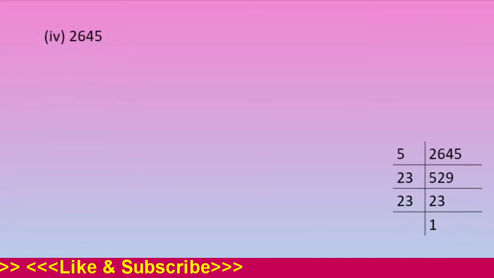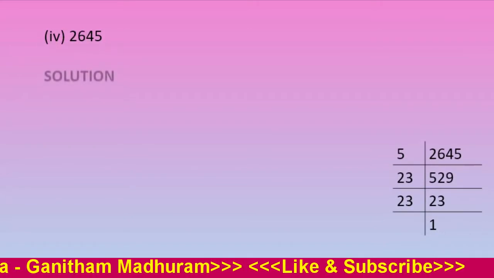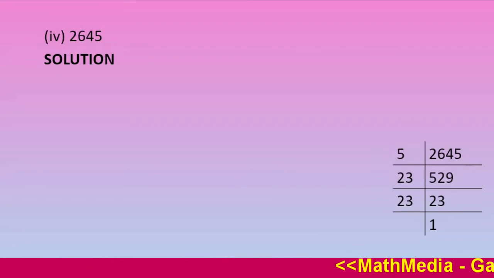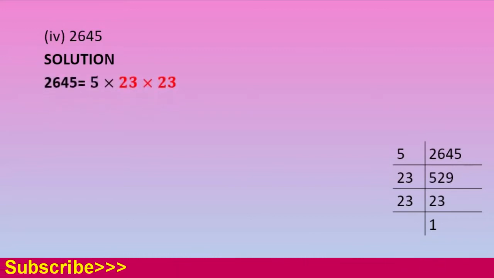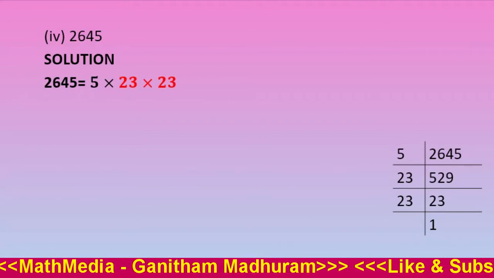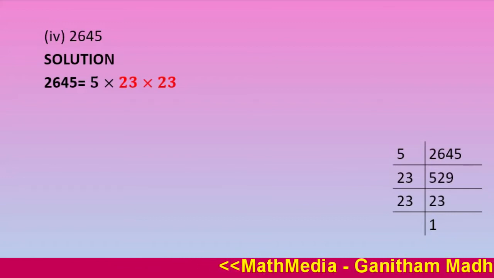Our next question is 2645. First, we have to perform the prime factorization of 2645, which gives 5 multiplied by 23 multiplied by 23.